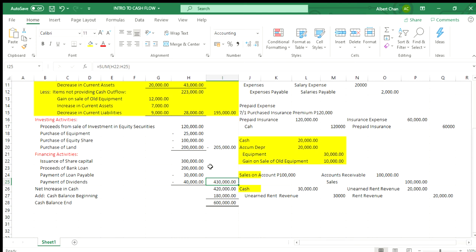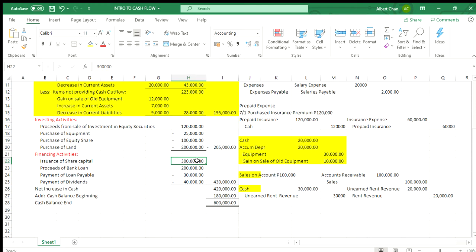It doesn't necessarily follow that a positive and huge amount is good. What is the source of that 430? If the reason is that we issued share capital, ordinary shares or preference shares, what is the negative effect of that?